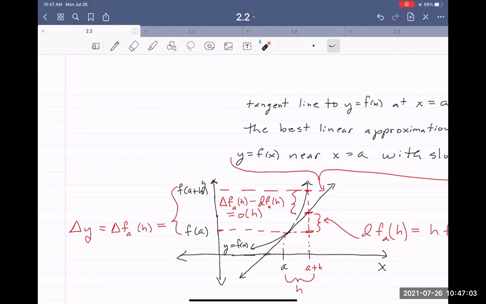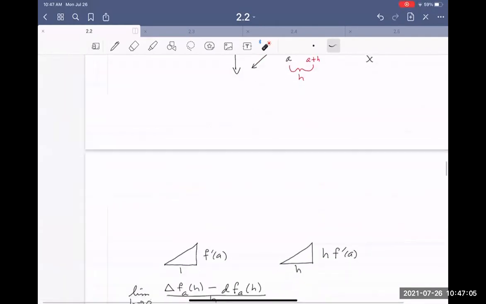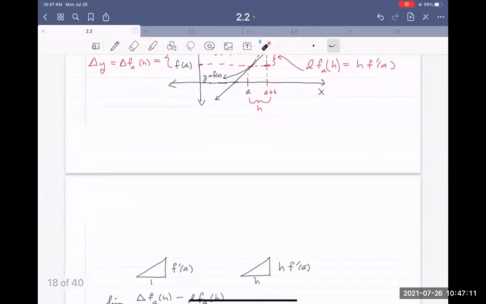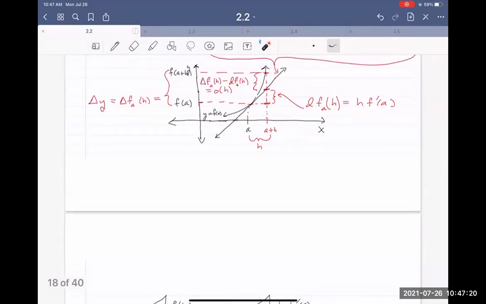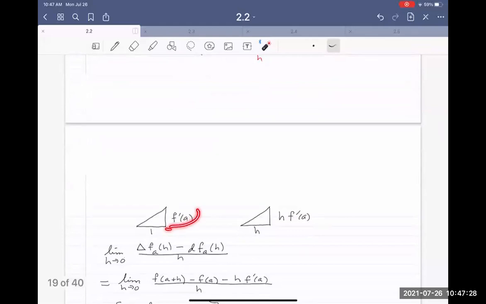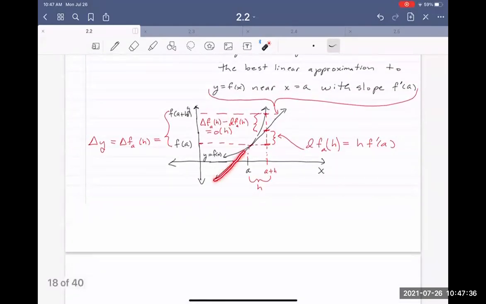Okay, so let me look at some similar triangles. So this is h here, and this is, well, I don't know yet, and we'll figure it out. But what is f prime at a? Well, it is the slope of the tangent line at x equals a. So what does slope mean?